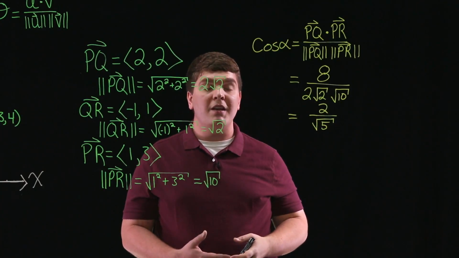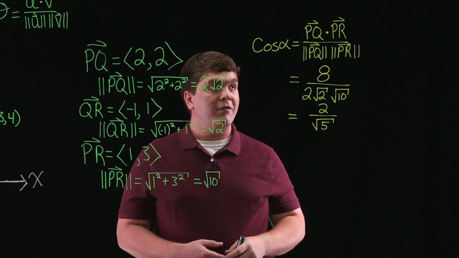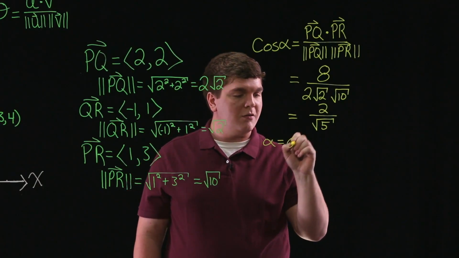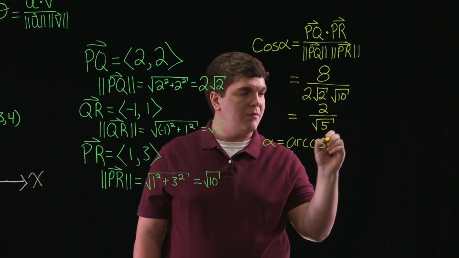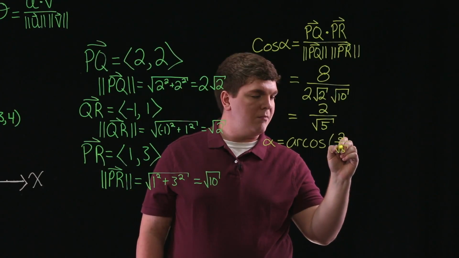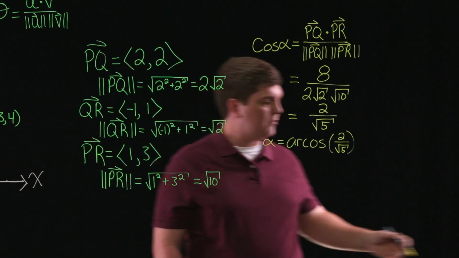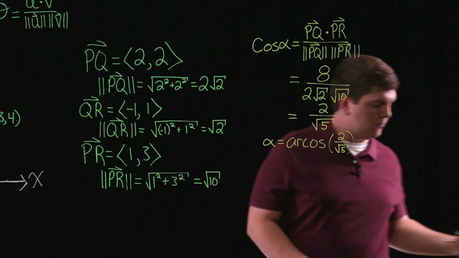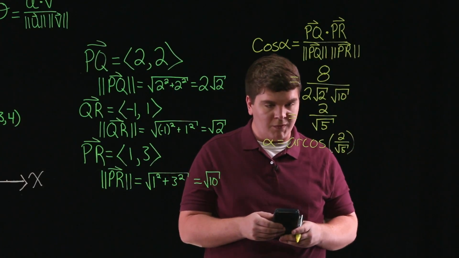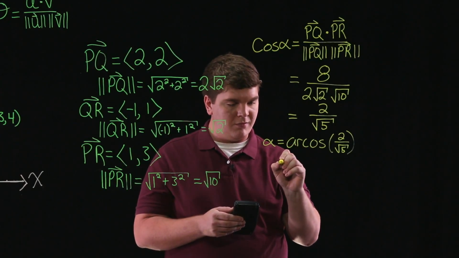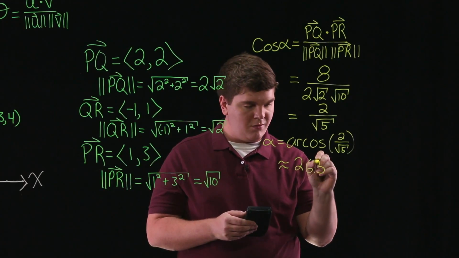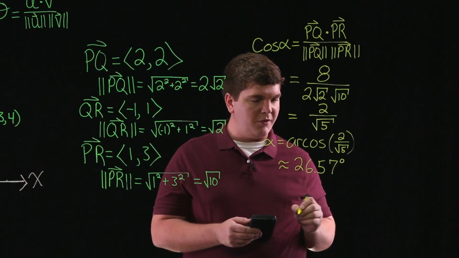And here, we can use the inverse trigonometric properties to find alpha, as alpha is equal to arccosine of 2 divided by the square root of 5. And we find that alpha is approximately 26.57 degrees.